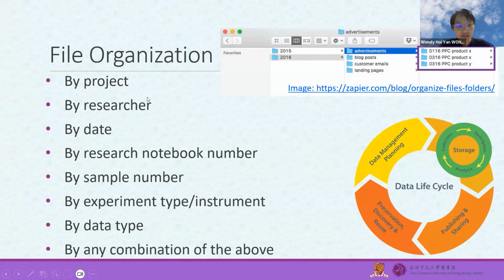For file organization, when you store your data, you may divide them by projects into different folders, and then further by dates, by researcher, by research notebook number, by sample number, by experimental type or instruments, by data type, or any other forms of information that you may make reference to.